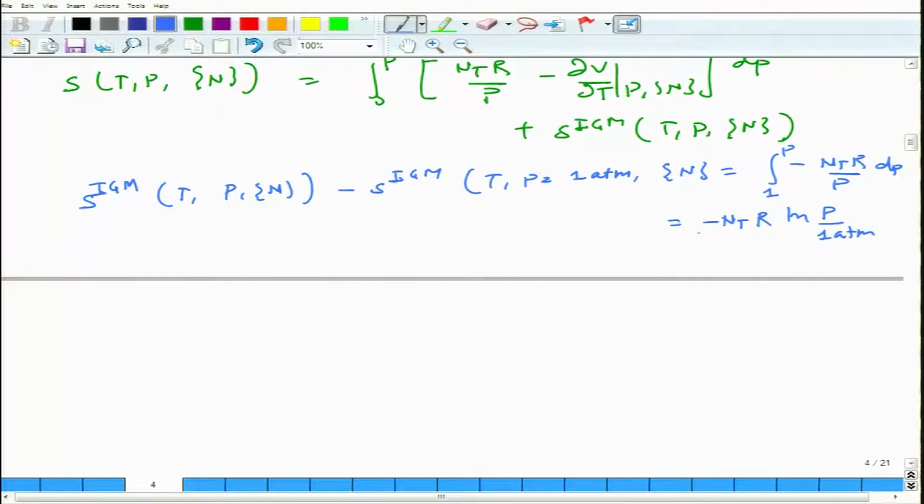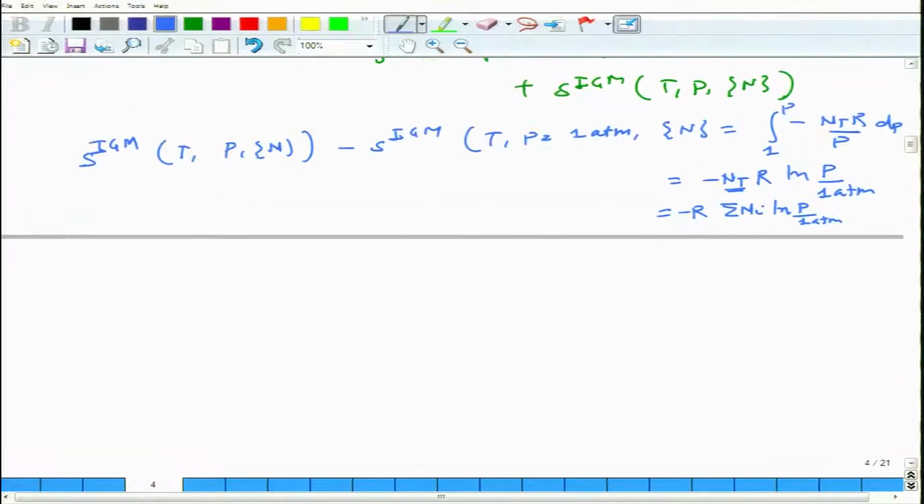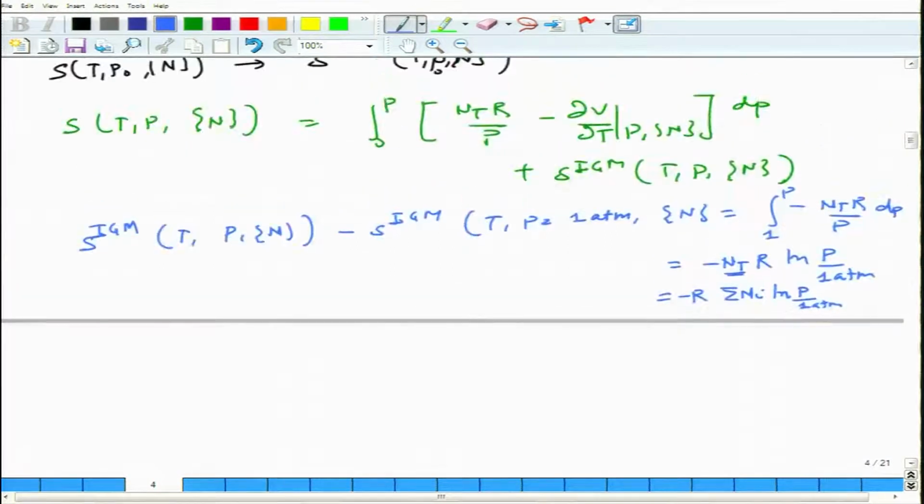Now, NT is nothing but the summation of Ni. So, I can also write minus R summation Ni for i equal to 1 to m, ln P by 1 atmosphere.